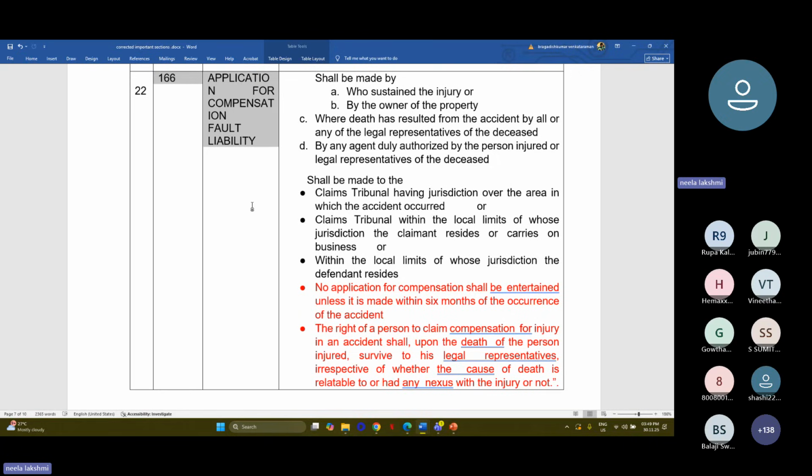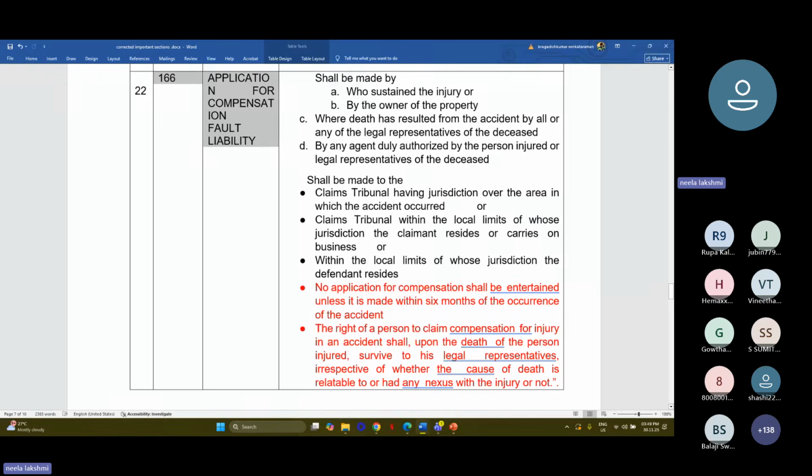One can file an application under 166, which is the widest of all, and which is based on the principle of fault liability. This you have to differentiate. 161 for hit and run victims, 164 for no fault liability victims, 166 widest of all, wider compensation based on fault liability.